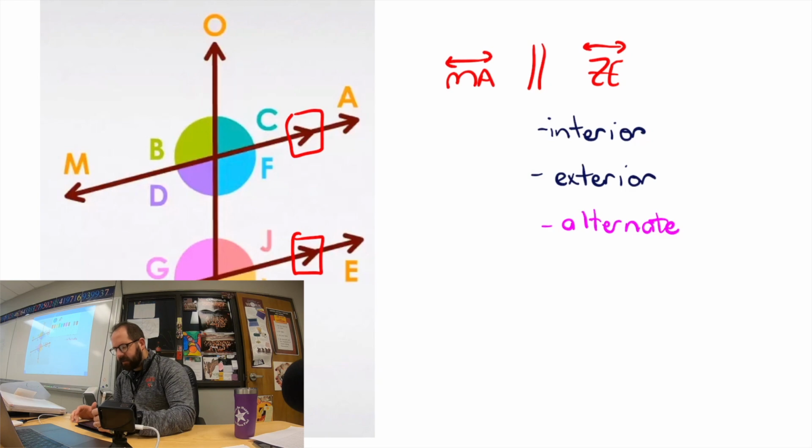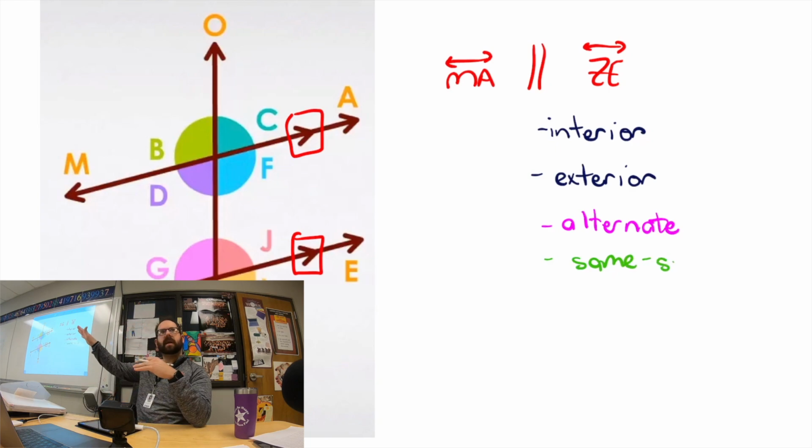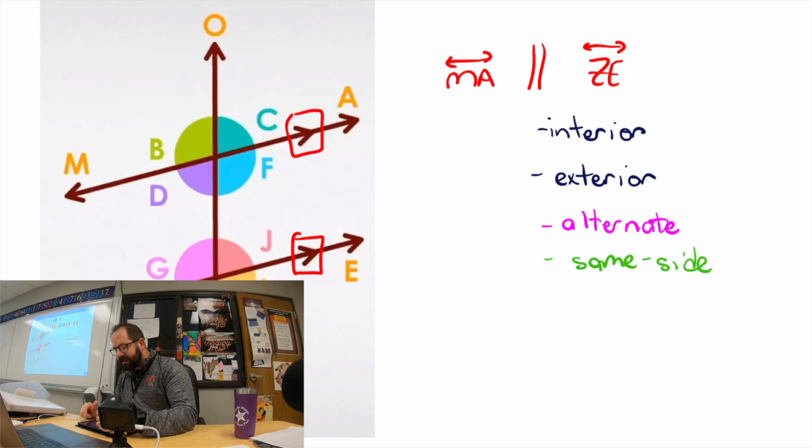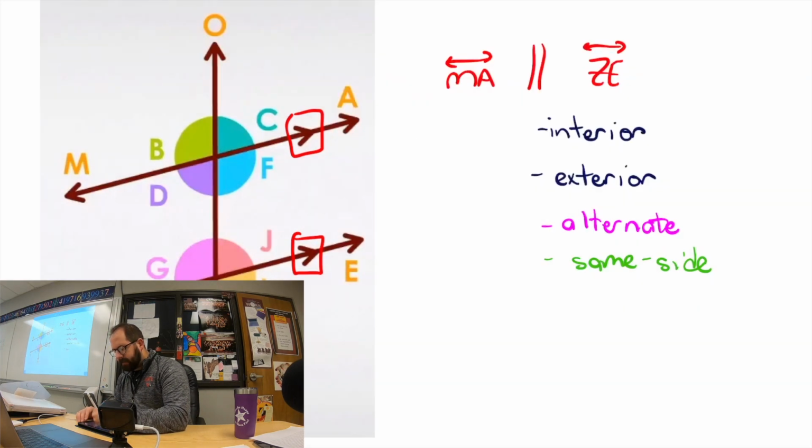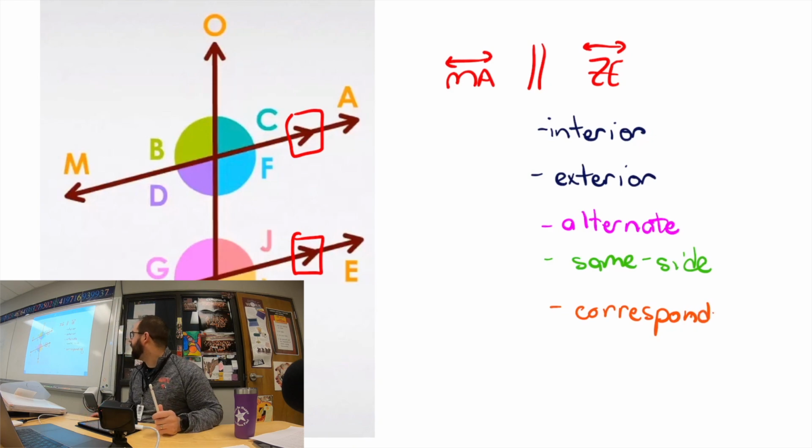The other type of angles would be same side angles. So same side interior, same side exterior. And then the last type that we need to talk about is corresponding. So corresponding angles.